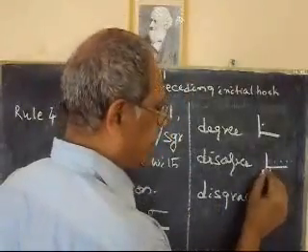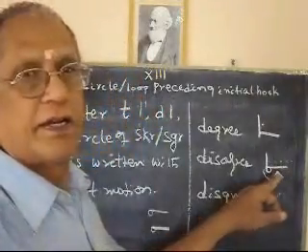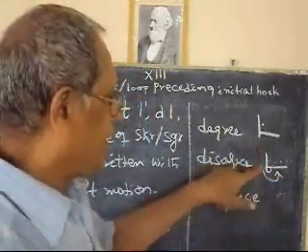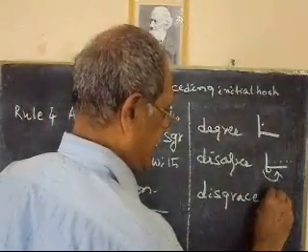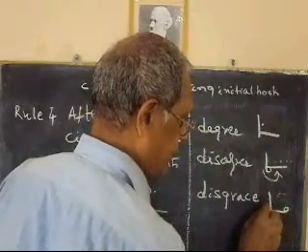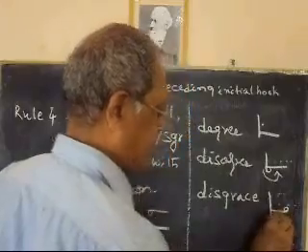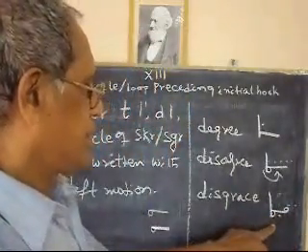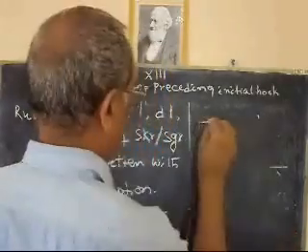So it is written with the left motion. After D, disgrace. See? Disgrace. It is written with the left motion.